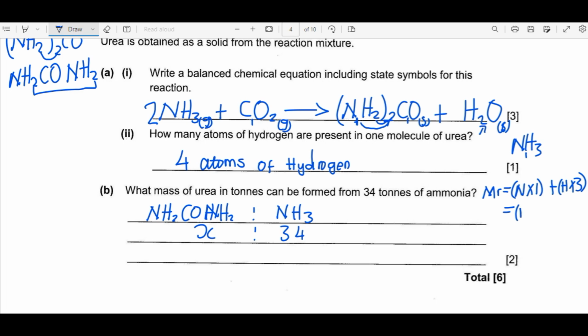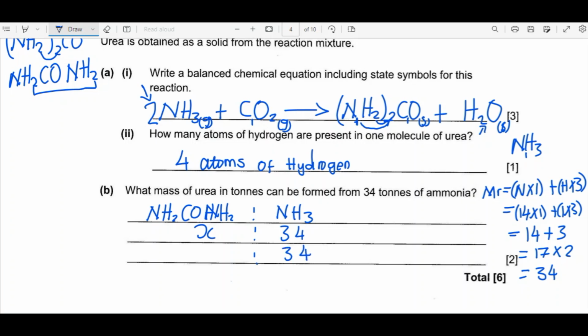So the mass is 14 multiplied by 1, plus 1 times 3. 14 times 1 is 14 plus 3. 1 molecule of ammonia has the relative molecular mass of 17. Now if you look at the ammonia, we have 2 molecules. There is a 2 in front. So this number should be multiplied by this number here so that we get 34. So we put 34 here.